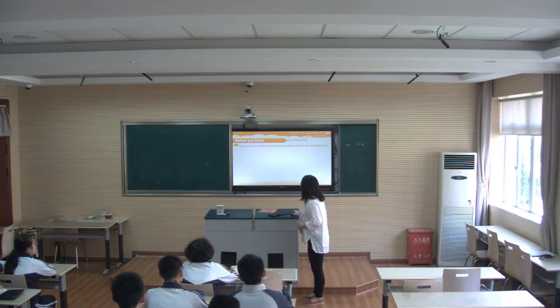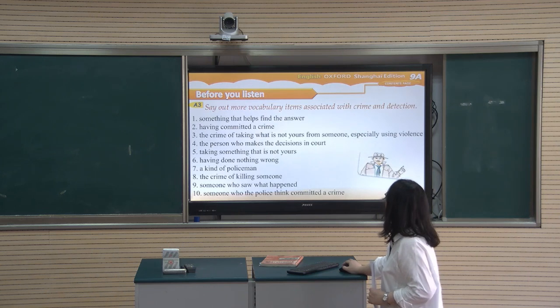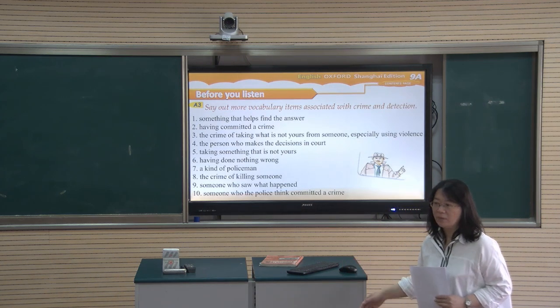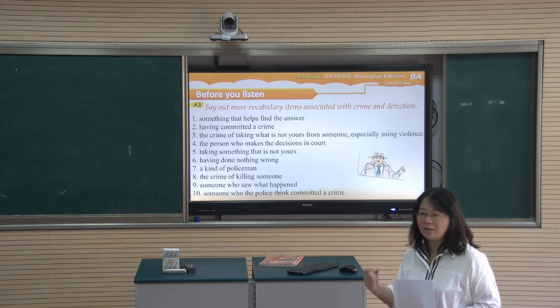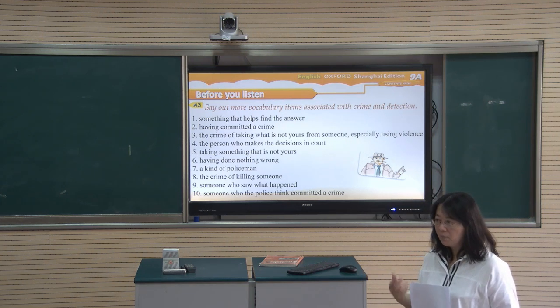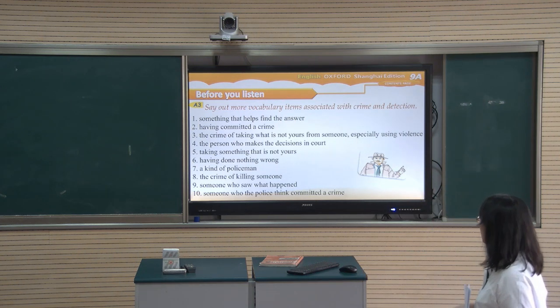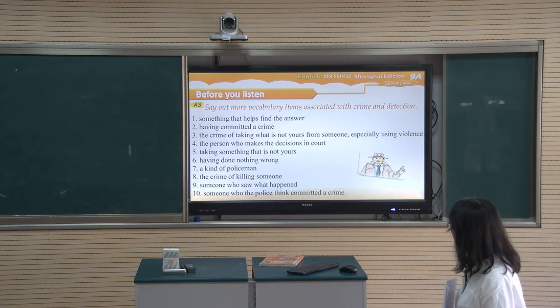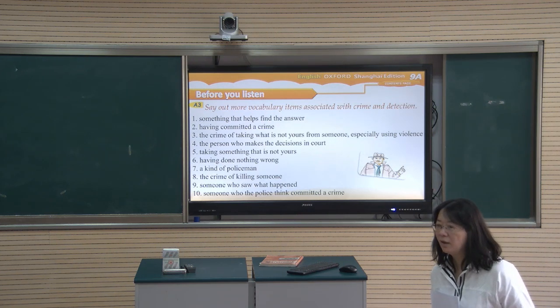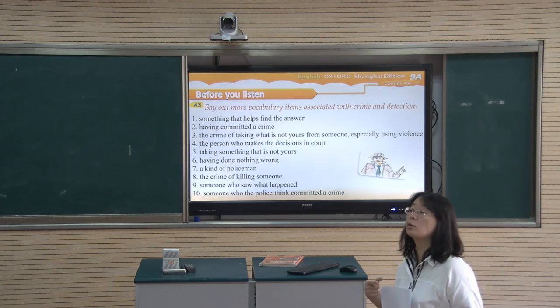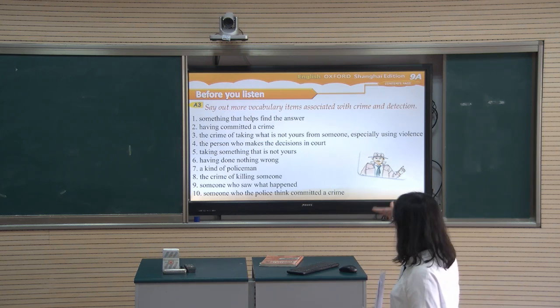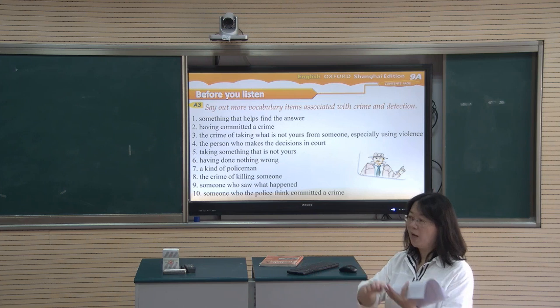And then, please say out more vocabulary items associated with crime and detection. Okay? Now here are 10 hints. Now, for example, look at the first one. Something that helps find the answer. Yeah, it's a clue. Okay, so what about the other 9? Now please do pair work.